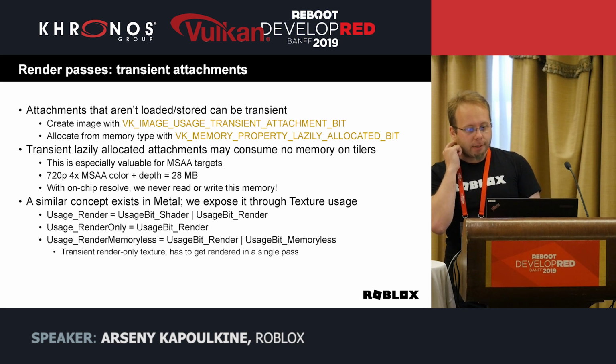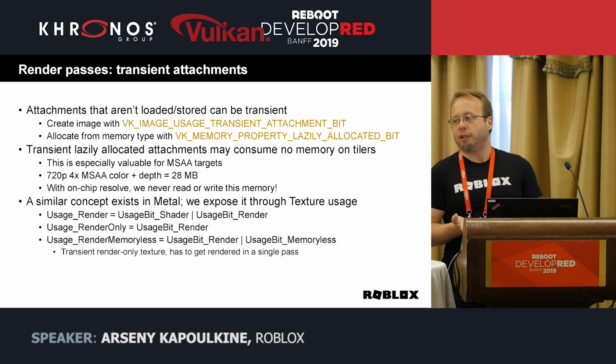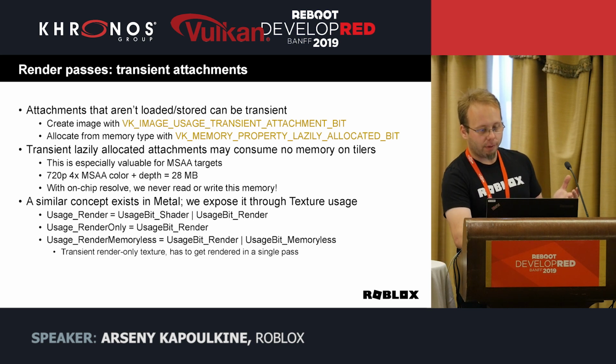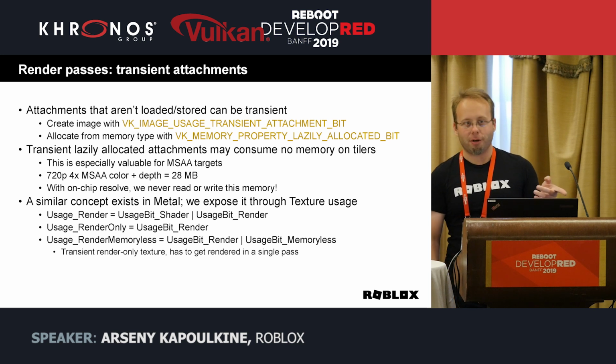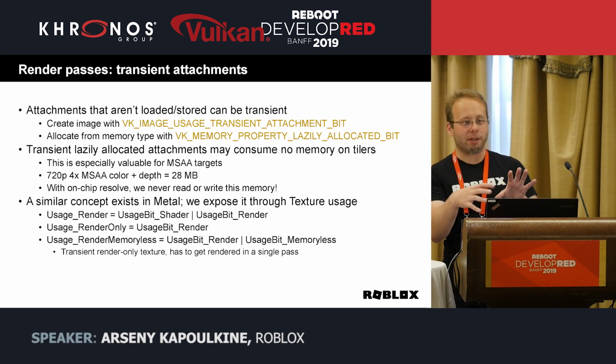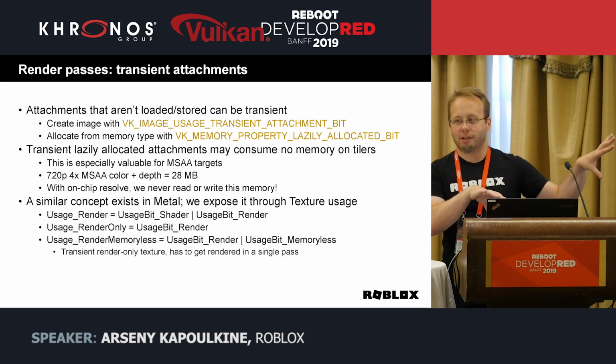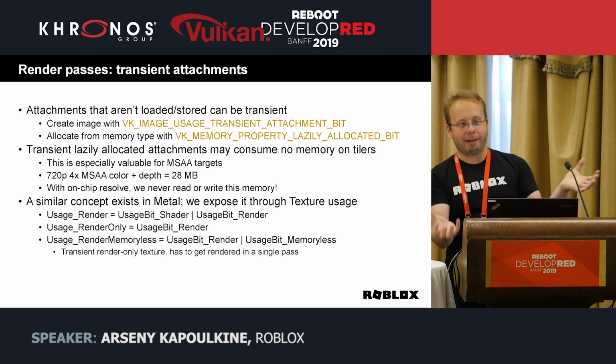Again, there's surprisingly little annotation that you have to do to get this going from the high-level rendering perspective. Metal supports the same feature, which in Metal is called memoryless targets. For us, what it boils down to is when you create a texture, you can say it should be a memoryless texture, which means you can render to the texture, but you can't render to the texture twice, for example, while preserving the previous rendering contents, because there is literally no memory allocated for this texture.